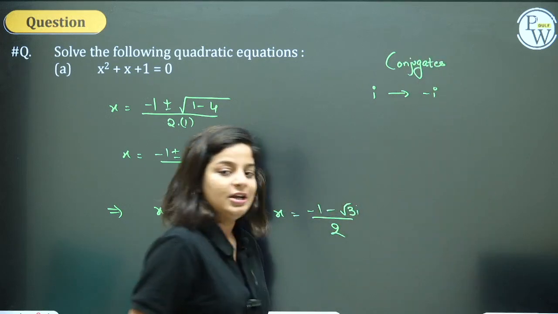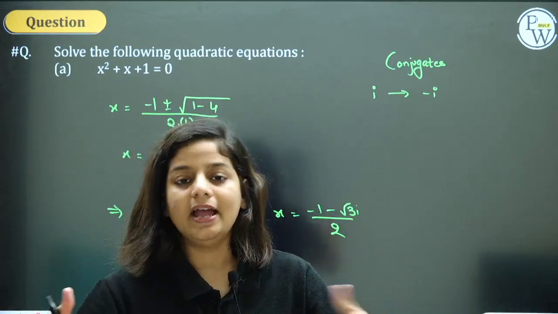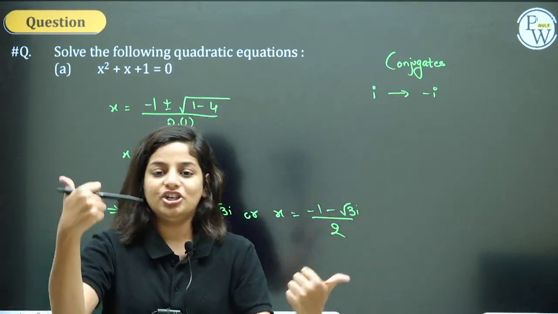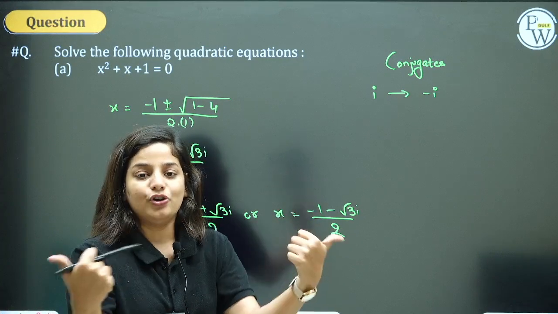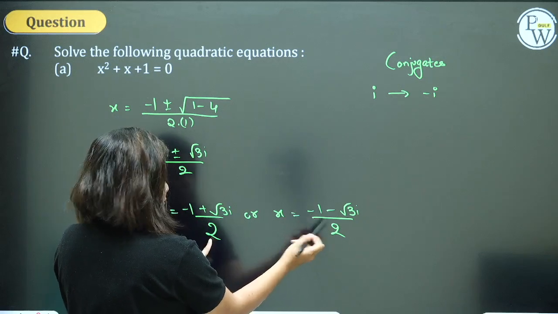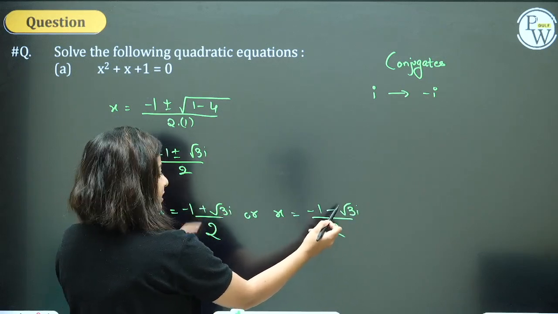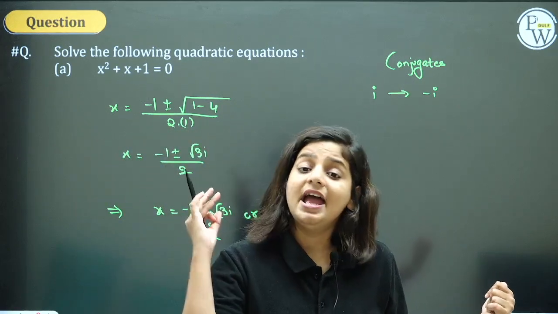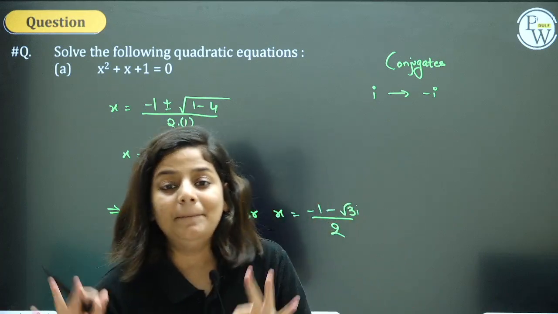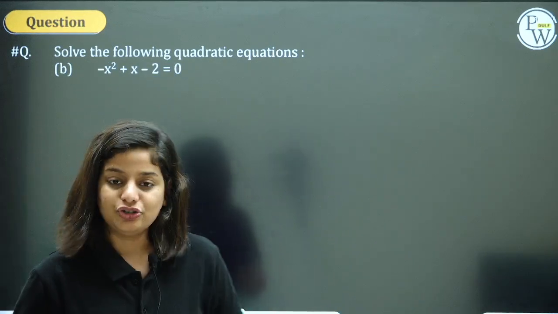Conjugates of each other. Conjugate means when i is replaced with minus i or minus i is replaced with i. The sign of i changes, they are called conjugates. So here, minus 1 by 2, root 3 i, only this plus i becomes minus i. They are conjugates of each other. To be specific, they are complex conjugates of each other, guys.